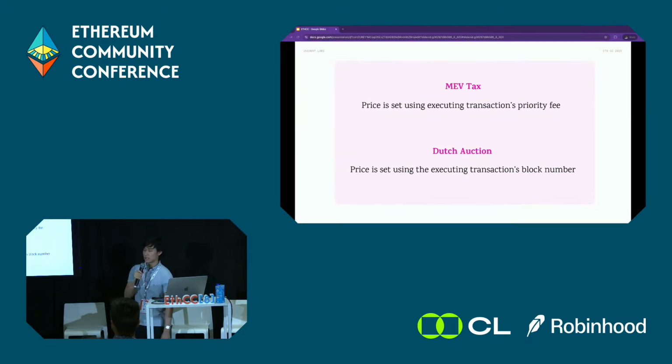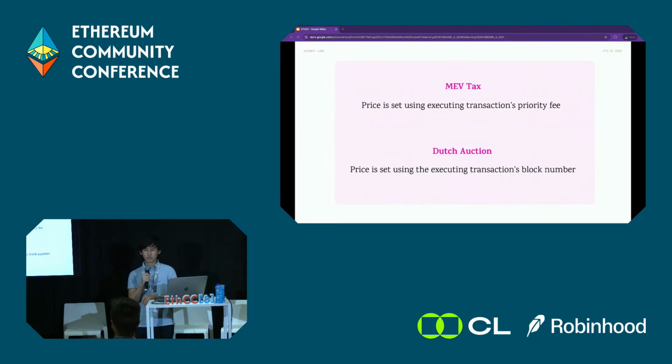Here are 2 examples. On the priority ordered chain, we can code a MEV tax into an intent by saying that the higher priority fee a filler uses to fill your transaction, the more output that they need to give you. So price is actually determined at execution time, and the price will be determined by what priority fee the filler uses.